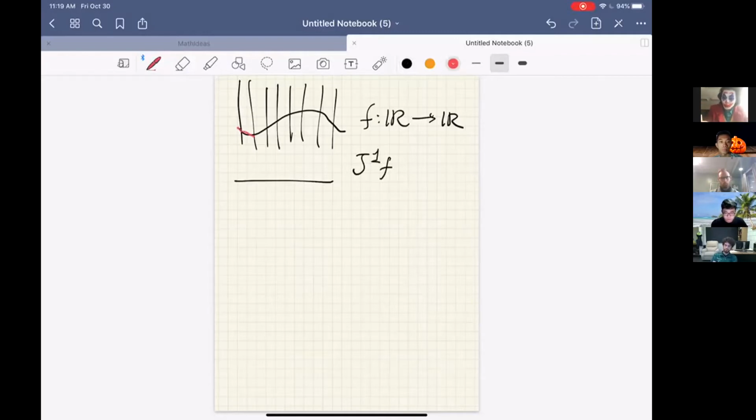So it's going to look like all these little tangent lines are there too. I can't draw tangent lines, but the important thing is jets record derivatives.